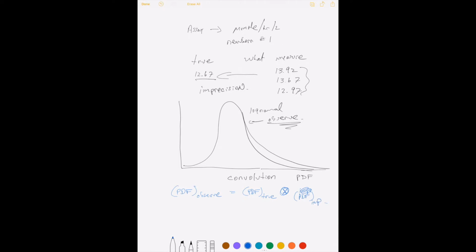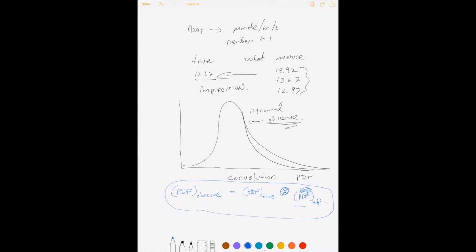All right, so this is mathematically true. You can prove it, not today. So the real observed distribution that we see is the true distribution convoluted with the imprecision.